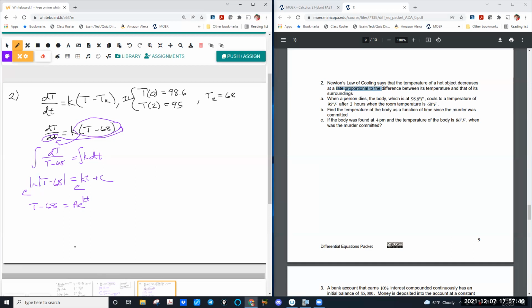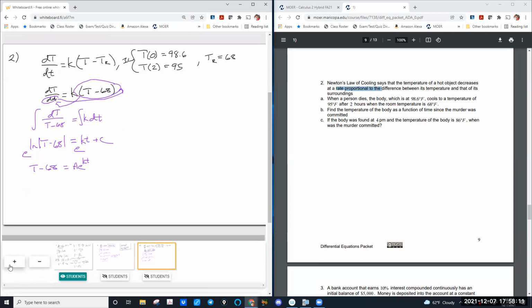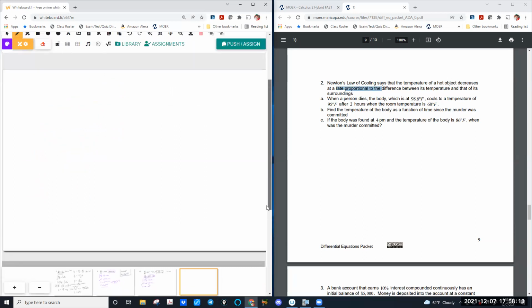I was curious. So why is there only a plus c on one side and not on both sides? It's because we're just going to absorb it into the one side. Let's say we did it on both sides, right?